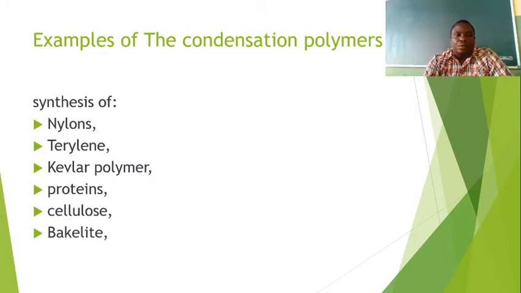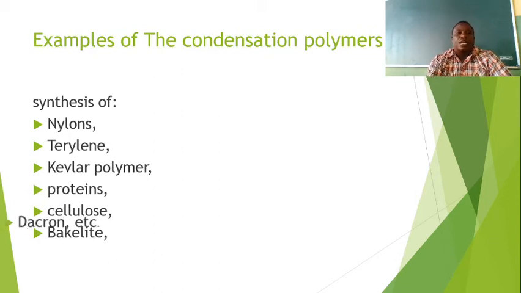You can do your own documentation on the others that I will not discuss in this video, but today I'm going to show you the more popular ones, and this is on your program syllabus. You must learn it in this lesson. So nylon and Kevlar polymer.